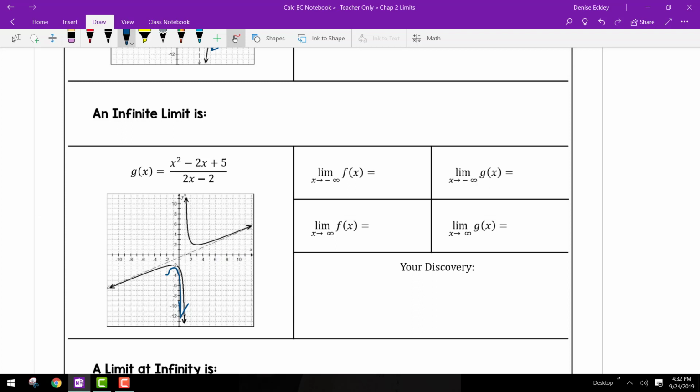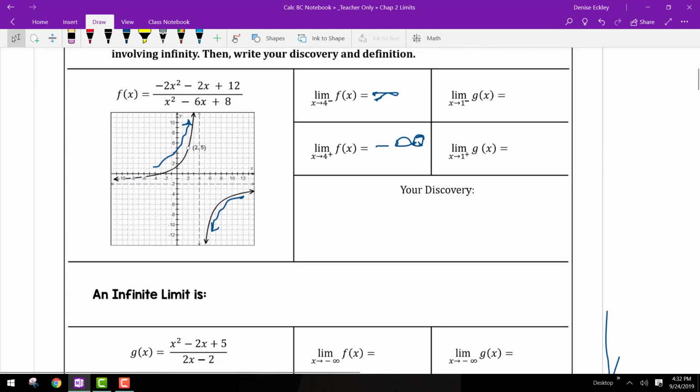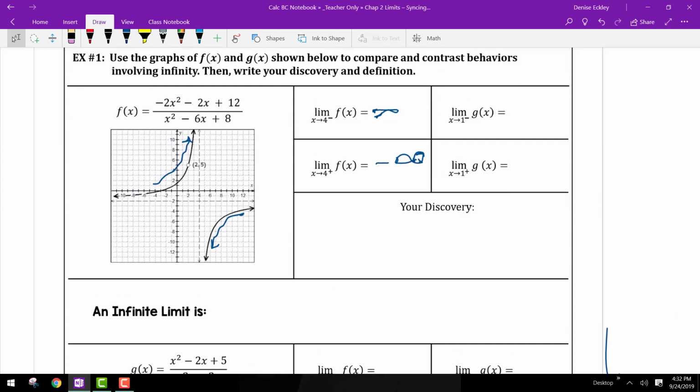And as we approach 1 from the right, we're headed to positive infinity. I'll write those down. From the left, negative infinity, and from the right, positive infinity.